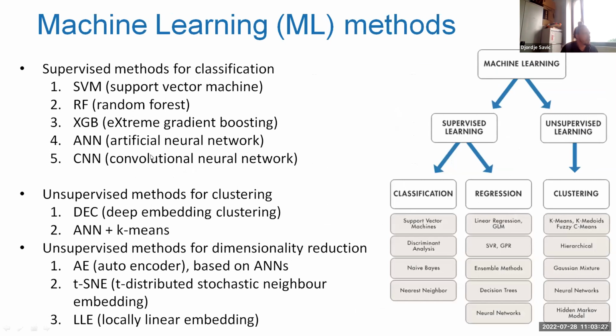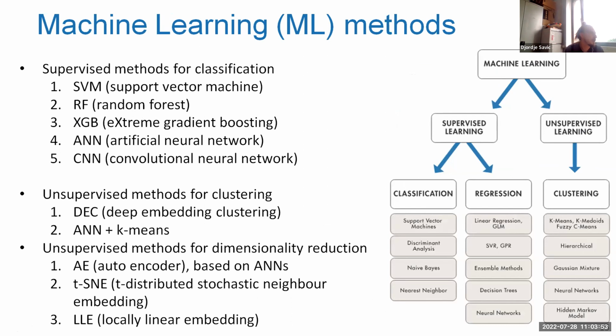The machine learning methods that we use: we tested many of those, both supervised and unsupervised. For supervised classification, we use the standard support vector machines, random forest, and extreme gradient boosting as bagging methods. We also gave it a try with artificial neural networks.